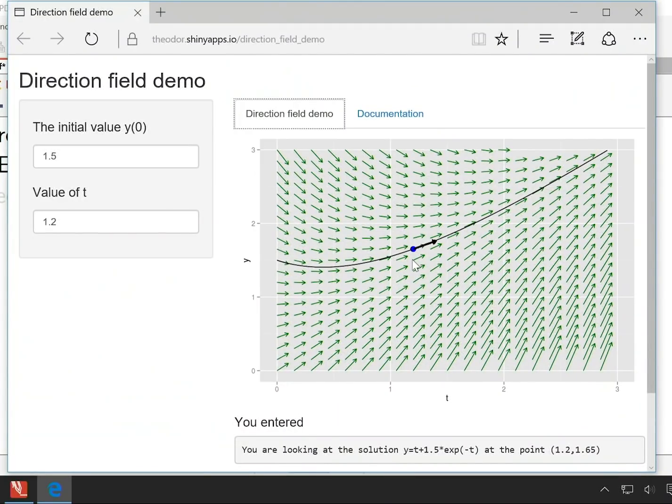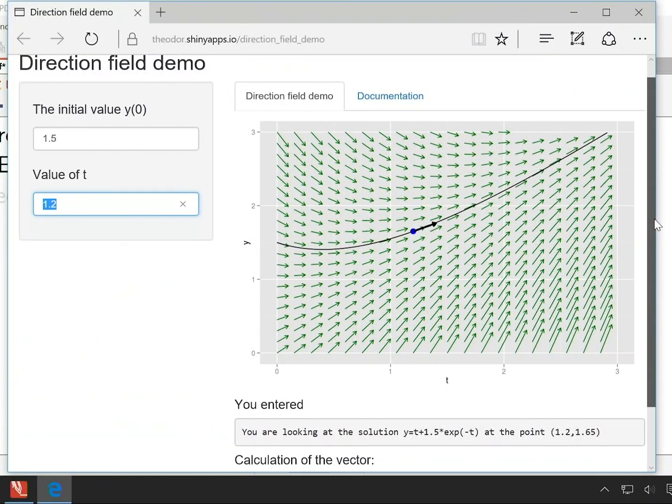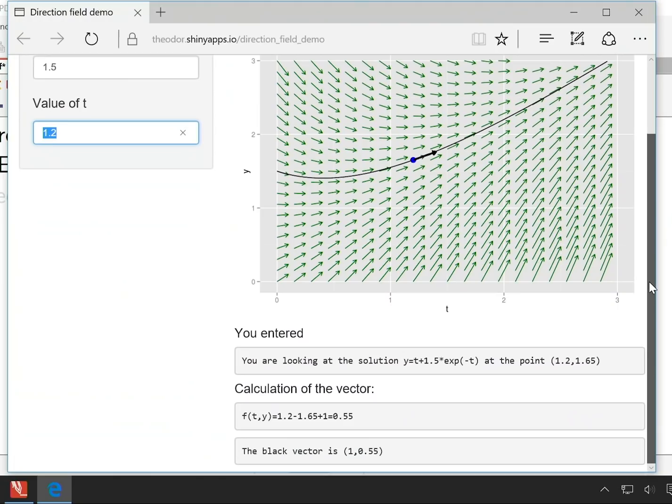So this fat blue dot is the point corresponding to the value of t equal to 1.2 and the value of y such that the point belongs to the same curve. This big black arrow is calculated as follows. Its x coordinate is 1 and its y coordinate is found like this.